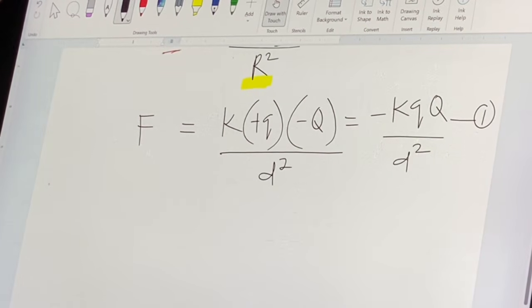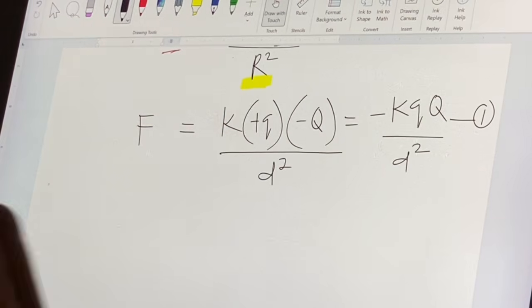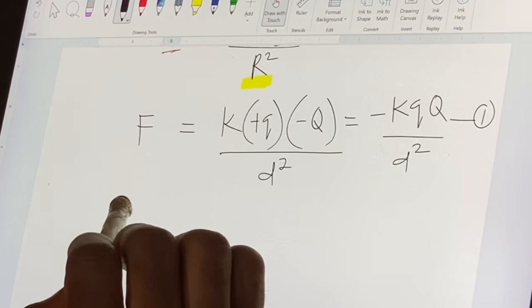From the next statement, they said the charges on both particles are doubled, so we have to restructure the diagram.